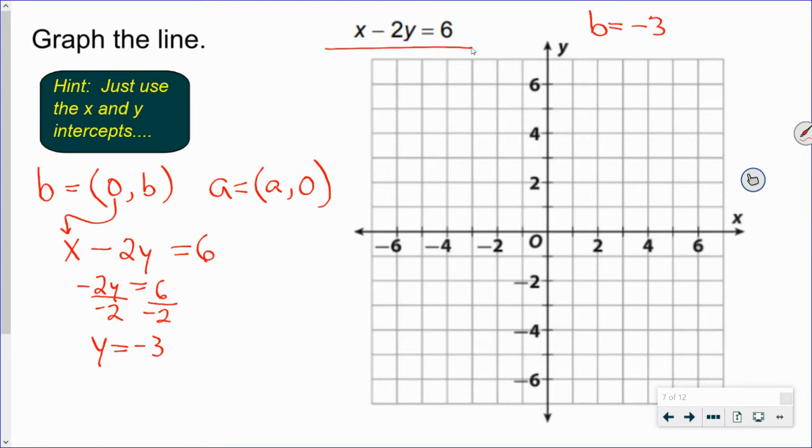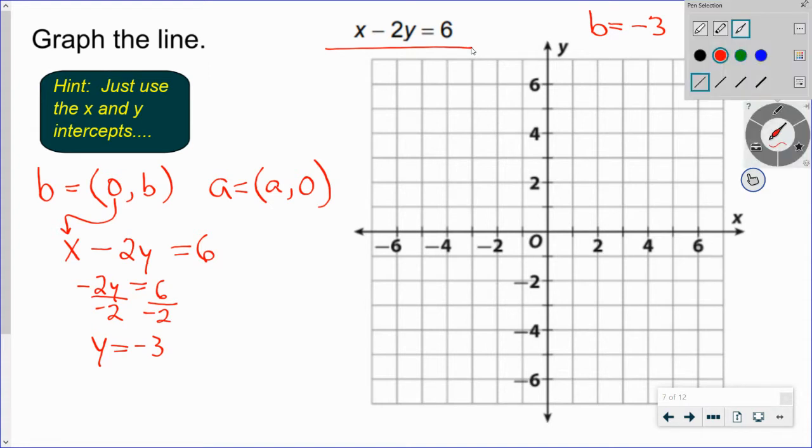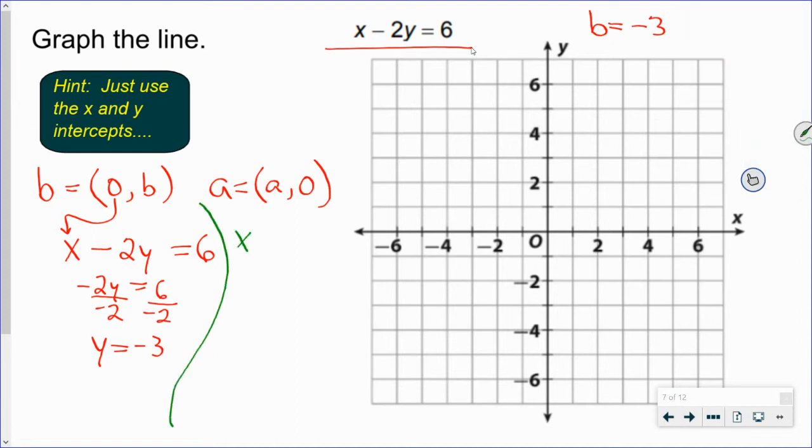Let's find the x-intercept. I'll change colors; that'll be a little clearer for us. The x-intercept is where y is 0, right? So I'll take this same equation and say x minus 2 times 0, because I'm plugging in a y of 0, equals 6.